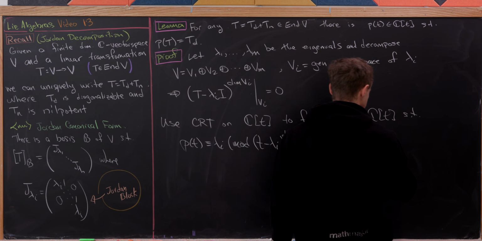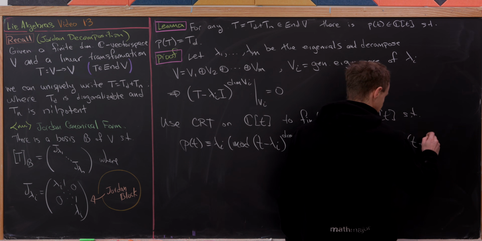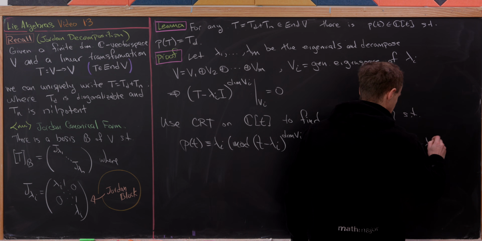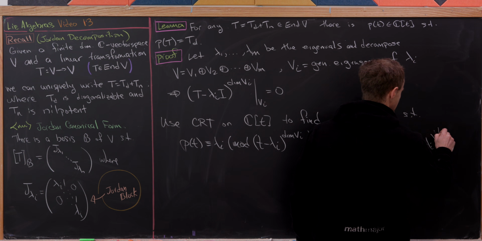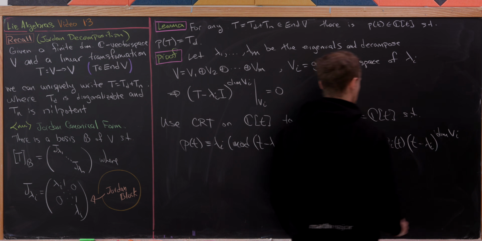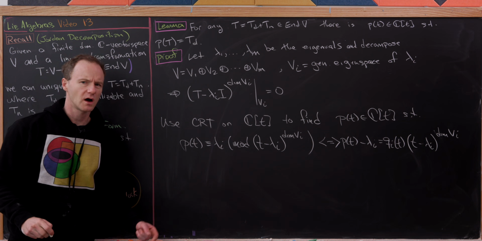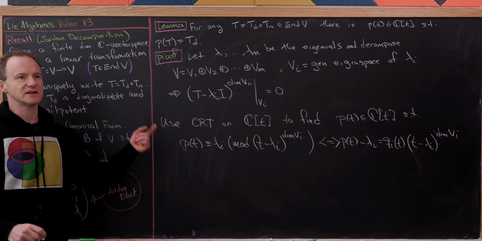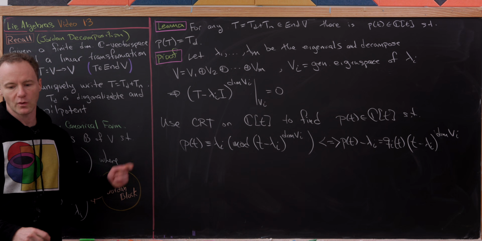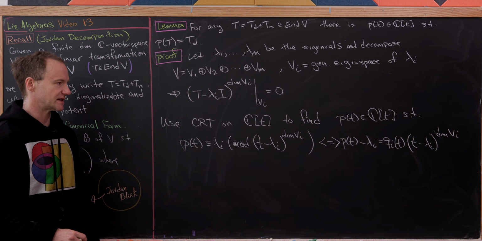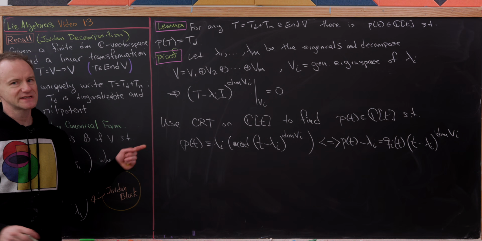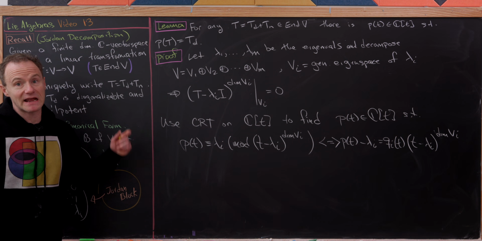In other words, it's equal to q sub I times t minus lambda I to the dimension of Vi. Recall, in order to be in an ideal generated by a single element, you are a multiple of that single element. And these q's are just a polynomial to make it happen.